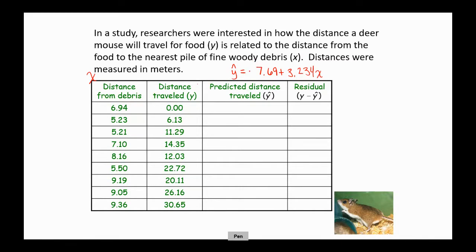That's right. 2 decimals, yes. And then once you get your y hat, subtract these 2 columns. Do the second column minus the third column. And how many decimals do you do the y hat? Let's do 2 decimals.